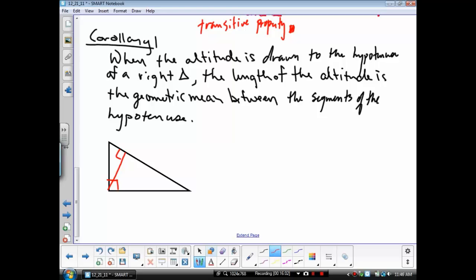And what we are going to have are side lengths, since this is A, B, and C. We're going to have a side length A, side length B, a side length C, which is this whole hypotenuse, a side length D and E, which begin at that point right there, and a side length F, which is the length of the altitude. So our given is this diagram here.